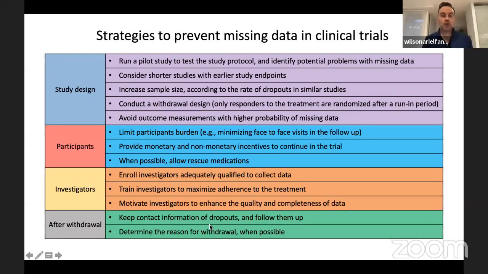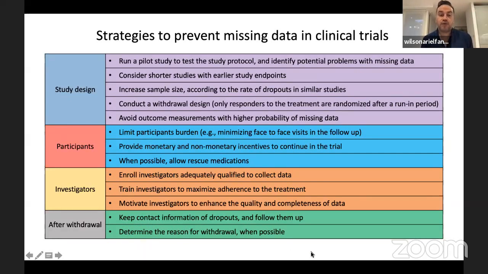Great. So even after the dropouts, if the patient drops out, it doesn't really mean that he or she doesn't want us to follow up. So we can follow them up even when they decide to withdraw from the clinical trial for whatever reason. Another good idea would be to try to find out what the reason was for the withdrawal.